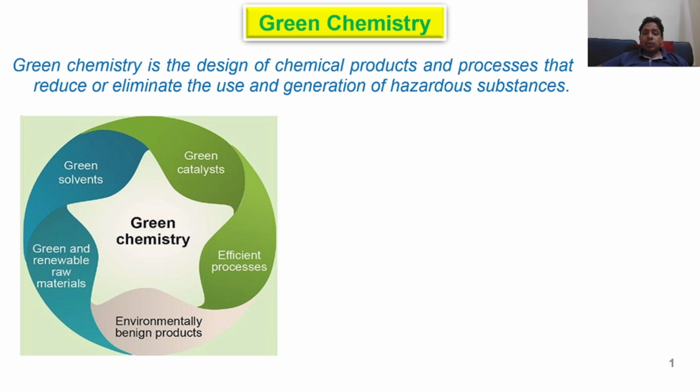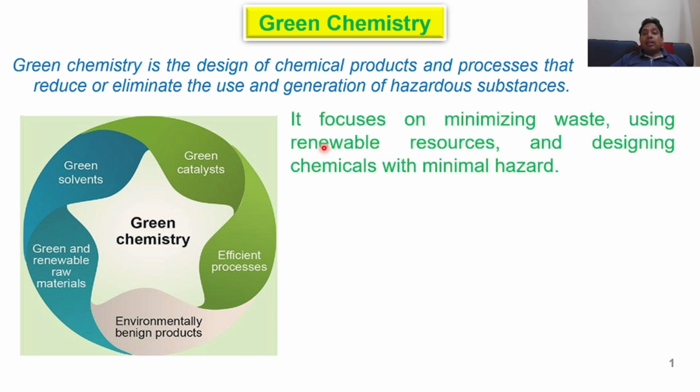It encourages the use of economical and eco-compatible techniques that not only improve the yield but also bring down the cost of disposal of waste at the end of a chemical process. So, green chemistry focuses on minimizing waste, using renewable resources, and designing chemicals with minimal hazard.